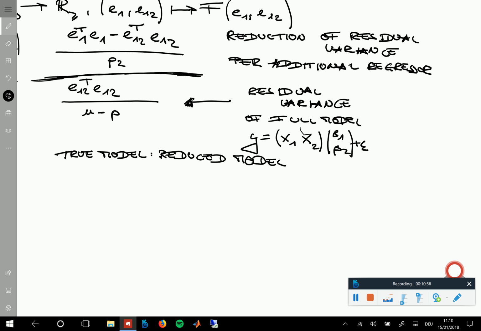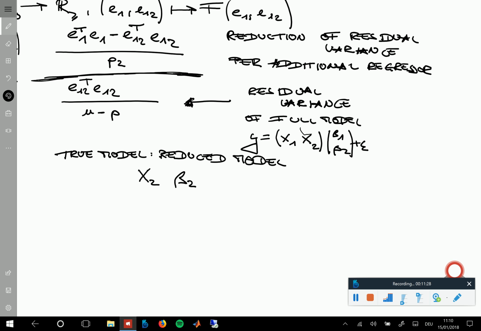So if the true model is the reduced model, then the additional regressors that are in X2, which have their associated beta parameter beta2, of course, don't explain anything interesting in the data, because the only thing that determines the data is what's happening in X1 and beta 1.